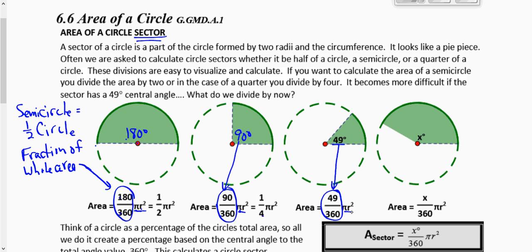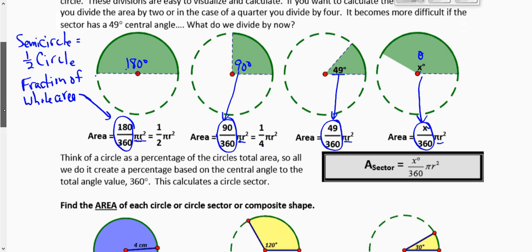So basically, we're working out a formula for the area of a sector. Let's say the angle of our sector is x degrees, or theta, right? Usually, we use theta, okay? So the formula for the area of a sector will be x, or theta, over 360 times pi r squared, the area of the whole circle. Okay?